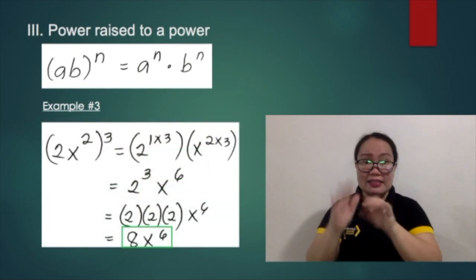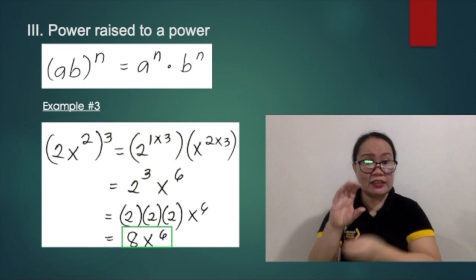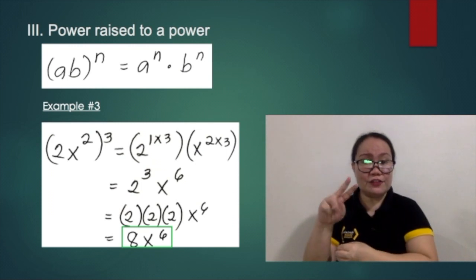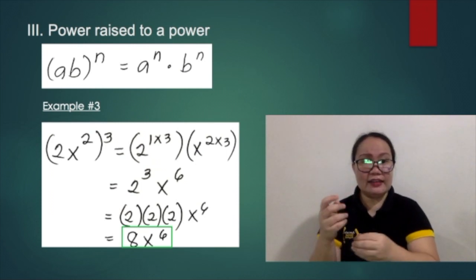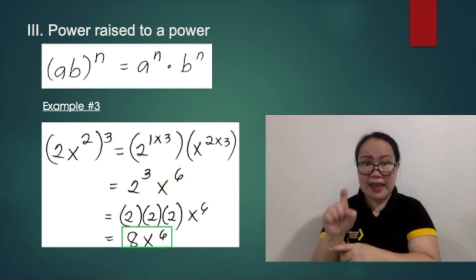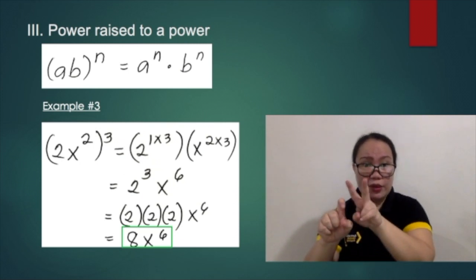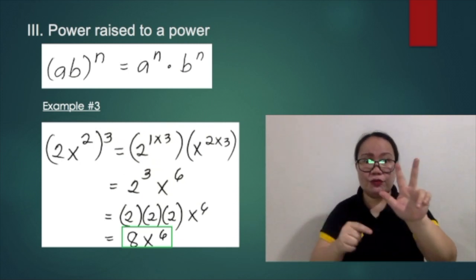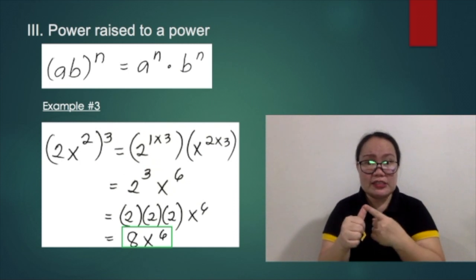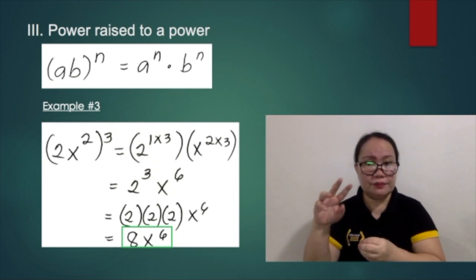For our last example, we have a numerical coefficient, and then we also have a variable which is x. So 2x squared raised to the power of 3. So first, let's start with the numerical coefficient.